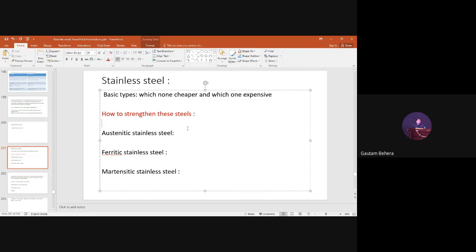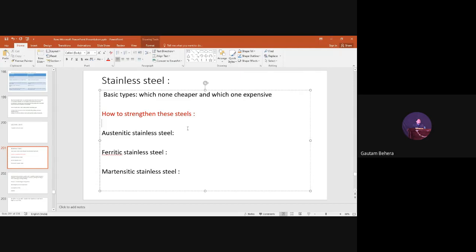That means they destabilize the austenite region. And there are certain alloying elements which stabilize the austenite and destabilize the ferrite, right? And if you remember, there are certain exceptions where the alloying element crystal structure is different to that of ferrite, and certain alloying elements whose crystal structure is different to that of austenite.